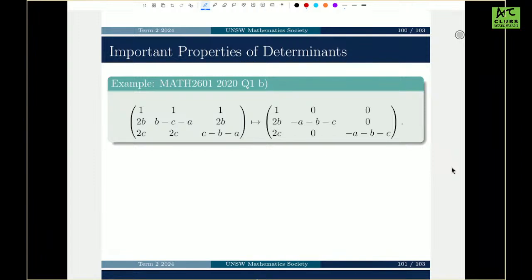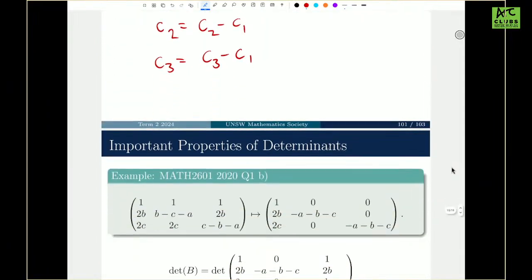So what we're going to do is say C2 is, C for column, C2 is just going to be C2 minus C1, and then C3 is just going to be C3 minus C1. So if we take column 2 and subtract column 1 off it, then we take column 3 and subtract column 1 off it, we end up getting this matrix.